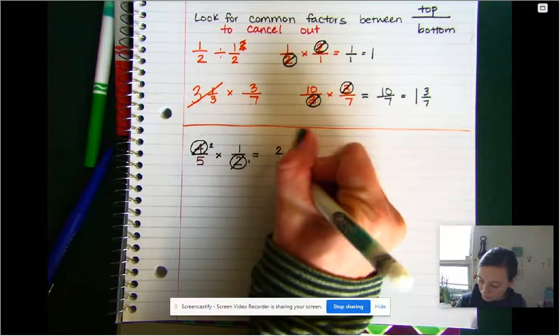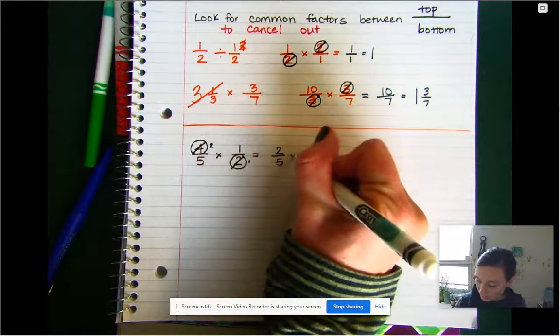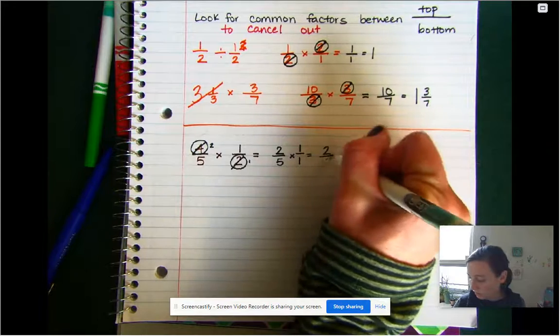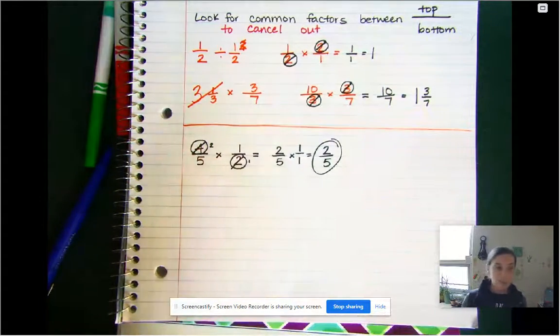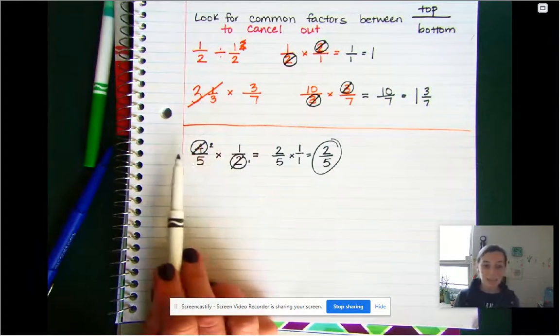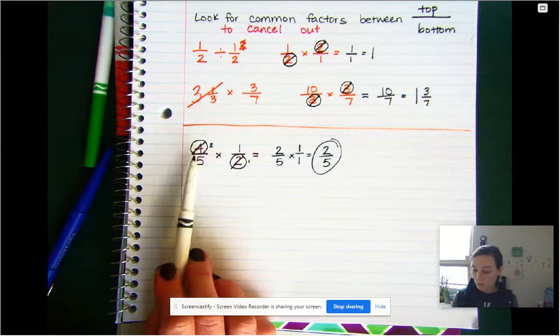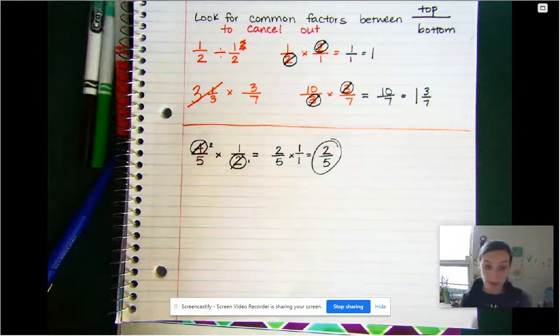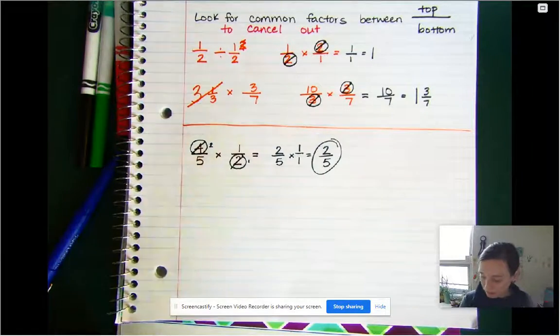So now my problem can be 2/5 times 1/1, which is just 2/5. So in this case, it wasn't the exact same number, but when they have a common factor, I can pull that common factor out. It comes really in handy when we're working with big numbers, like we might be if we're dividing by mixed numbers.